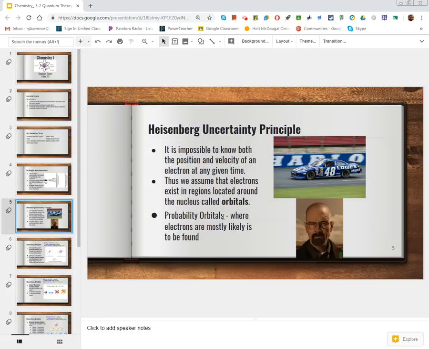So when we talk about things like the s orbital, the p orbital, the d orbital, the f orbital here in a second, those orbitals, those shells, those regions are where we will most likely find an electron. But again, its exact location is sometimes forfeited because, again, we want to calculate the speed.